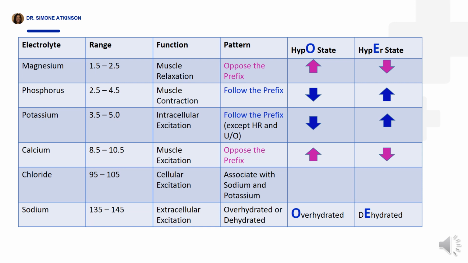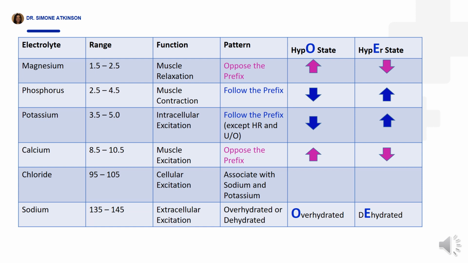And then remember that chloride is not a primary imbalance and normally will follow sodium and potassium. So when we think about sodium and potassium in the hypo state, think of O for overload, and think of signs of fluid overload for hyponatremia, such as confusion, weakness, headaches, and seizures.